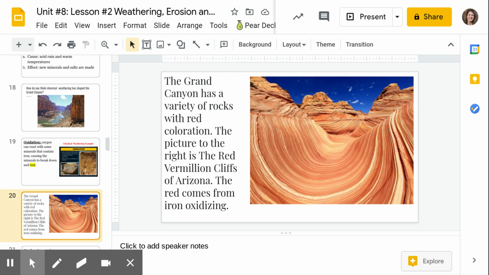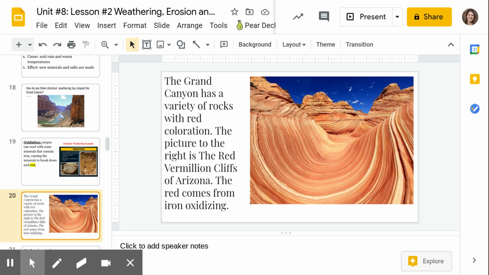So the picture on the right here is called the Red Vermilion Cliffs of Arizona. The red coloration you see in these beautifully rounded cliffs comes from iron oxidizing. So iron in the rocks that was there naturally when they formed. Remember, there's lots of iron in the inner core and outer core of the earth.